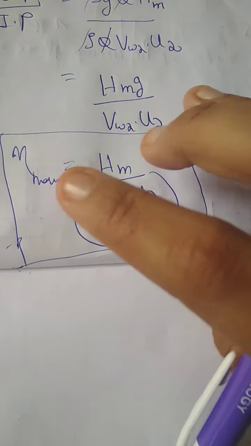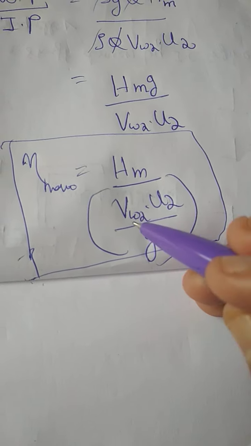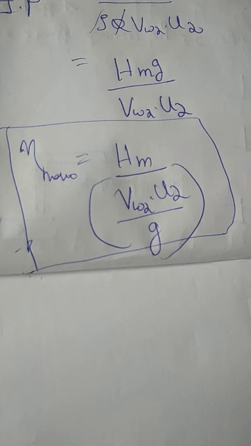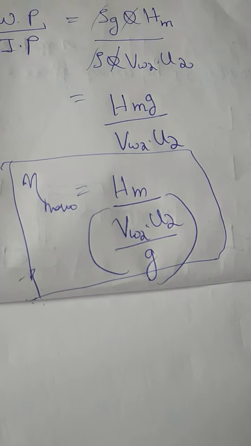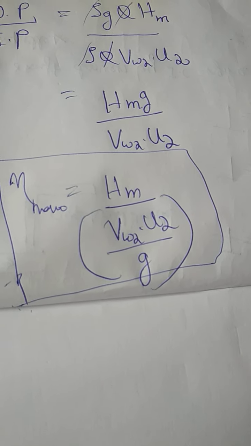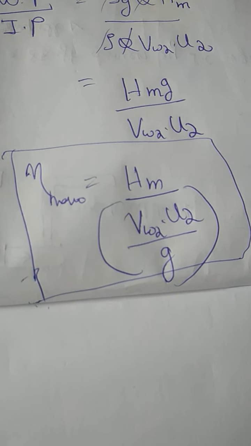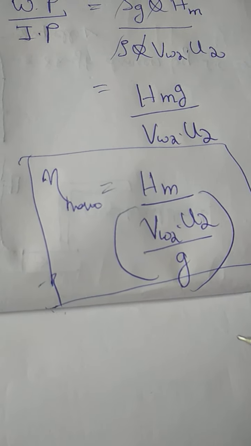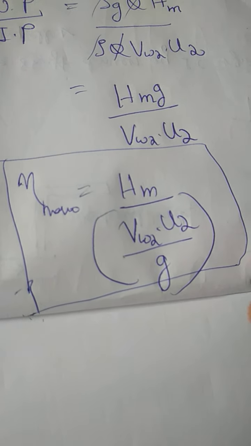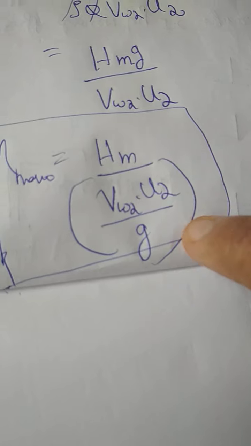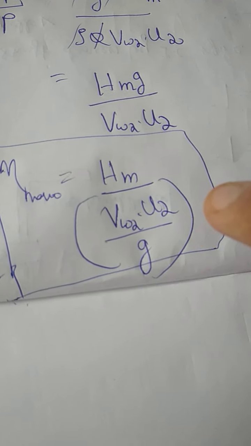So hm, that is the output, divided by vw2 into u2 by g, is nothing but the Euler head. If you remember, Euler head was a theoretical head, right? When we don't consider any friction, or when we consider the ideal case, the theoretical head which can be imparted by the impeller to the water is known as the Euler head.